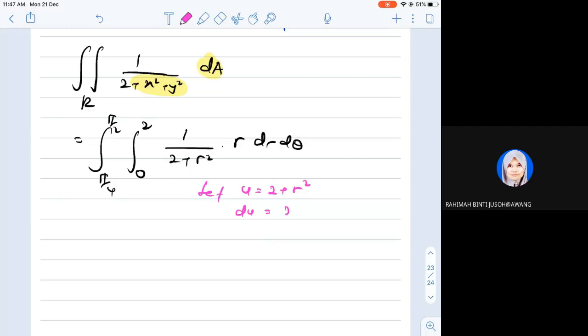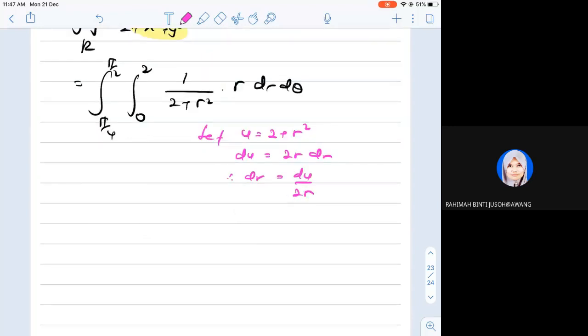Differentiate r squared is 2r dr. Therefore dr equals to du over 2r. Now when r equals to 2, we will have u equals to 2 plus 2 squared, so 4 plus 2 is 6. And when r equals to 0, we have u equals to 2 plus 0 squared, so we have 2.